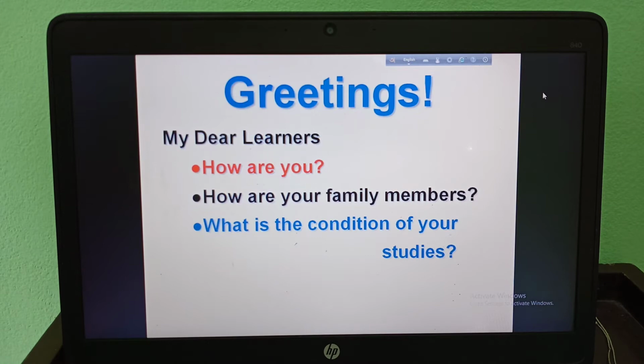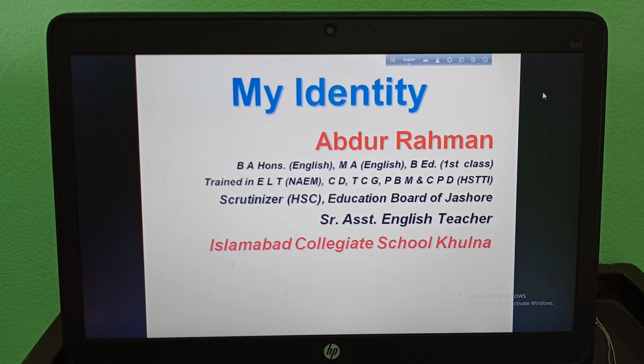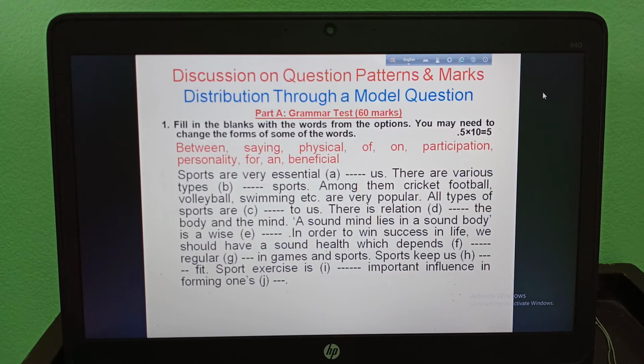Now, learners, you should get ready with some equipment or learning aids so that you can practice and note down some important points and discussions. Today's discussion is on question patterns.